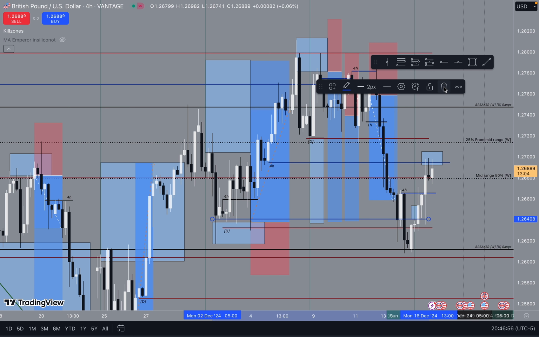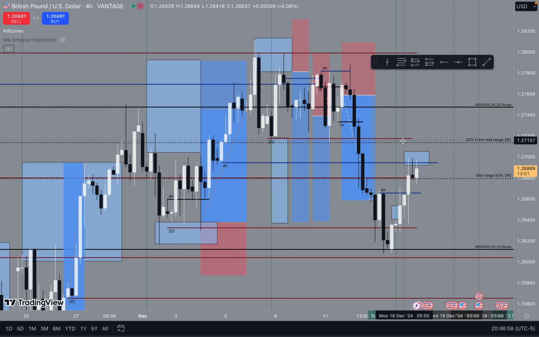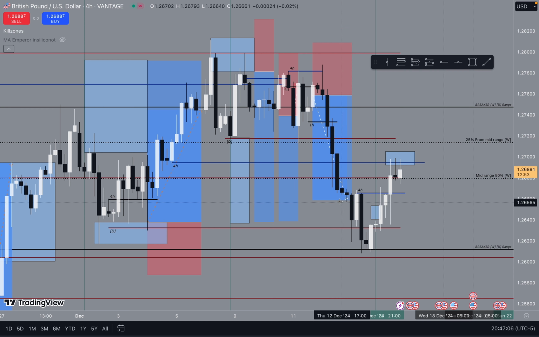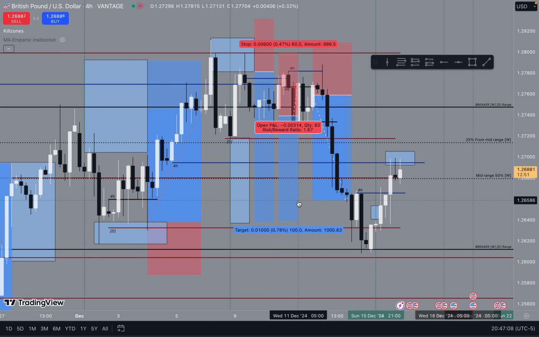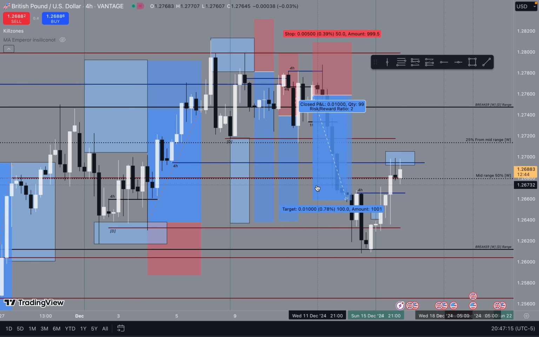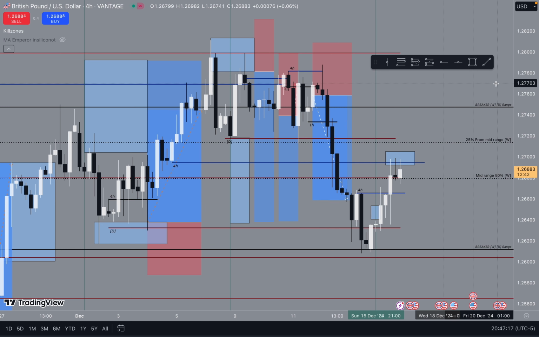Yes, it hits the swing low, and I'm happy that my entry was successful for the first time, and it's two contracts, which is 100 pips each, so it's 200 pips.